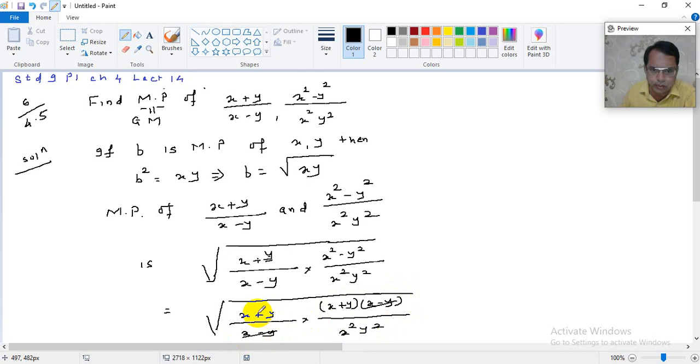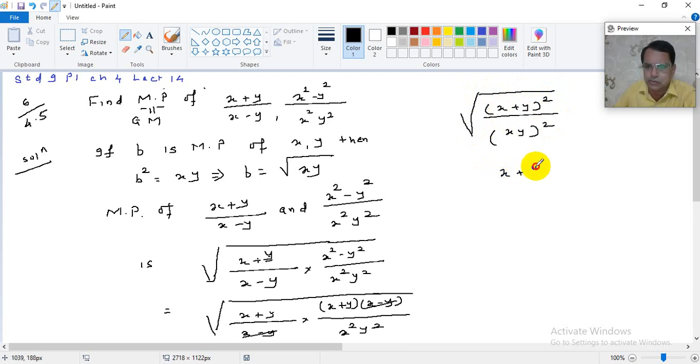What remains is numerator ला काय उरला आता, x plus y into x plus y. So it will be root of x plus y bracket square and divided by x square y square, which is xy square. So now this ह्याचा जर स्क्वेअर रूट मी घेतला तर तो काय येणार, x plus y अपॉन xy.